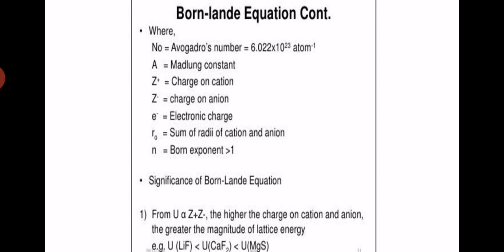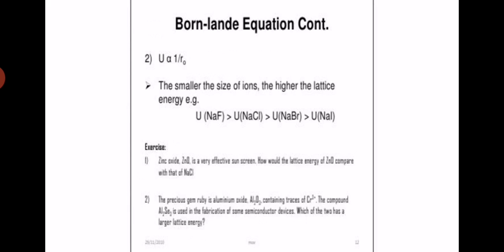The higher the charge of cations and anions, the greater the magnitude of the lattice energy. So when the charges of the cation and anion increase, the lattice energy also increases.